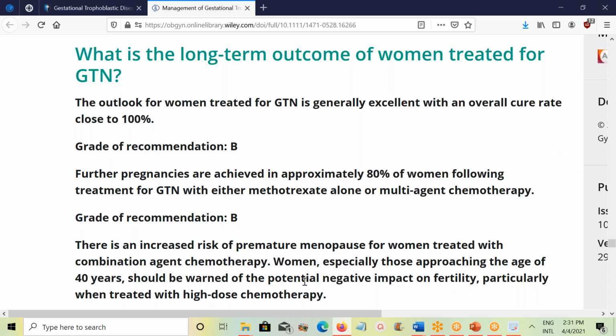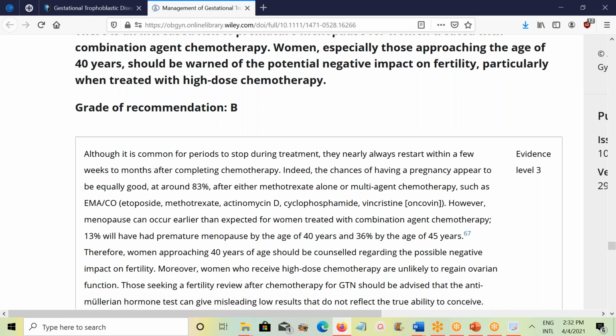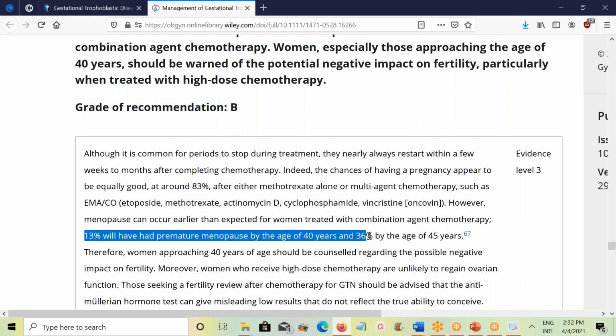Then there is no overall increased risk of second cancers if they're treated with methotrexate. But there is going to be an increased risk of premature menopause when they are treated with combination agent chemo. So the chance of having premature menopause will be 13% by the age of 40.